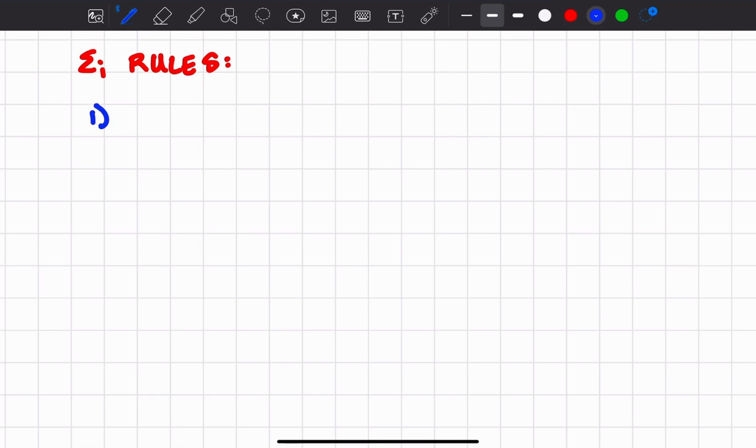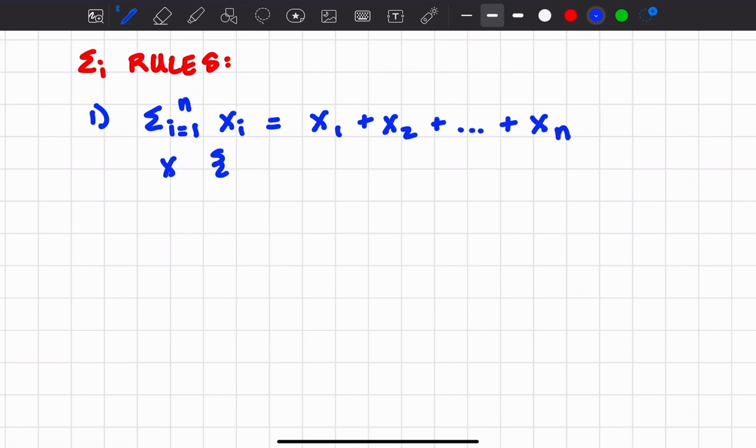The first one is the definition. When I say the sum from i equals 1 to n of, let's say, xi, what I mean is x1 plus x2 plus ... plus xn. So if I have some data about x, and say we observe a sample of x, and that sample is 1, 5, 2, then the sum, and a lot of times I'll just write sum i instead of saying sum i equals 1 to n.